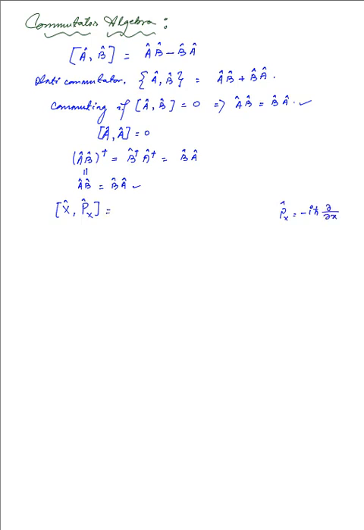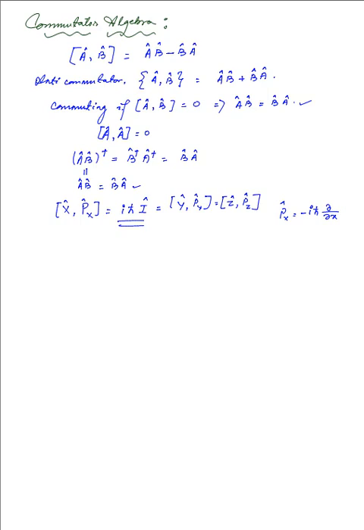Using that, we have this equal to i h bar times the unit operator. Similar will be the case in the other components, for y and the y component of the momentum, and z and the z component of the momentum. All are going to result in the same thing, that is i h bar with the unit operator.